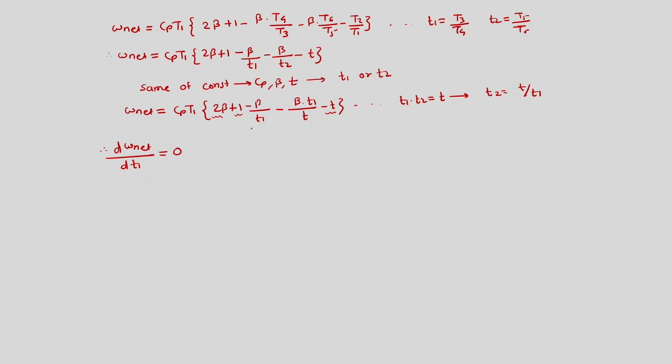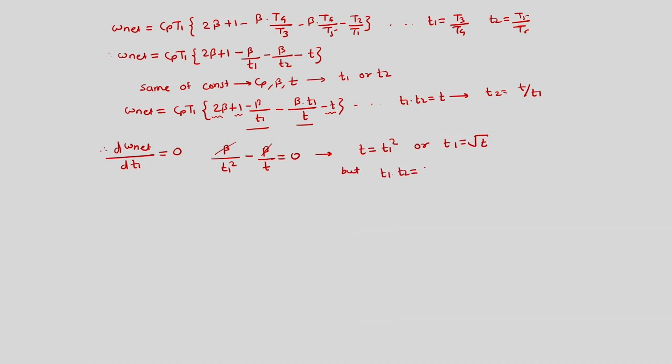So we will have differentiation of only this term, which is minus beta upon T1 and minus beta T1 upon T. That differentiation, minus beta upon T1, leads to beta upon T1 square and minus beta T1 upon T leads to minus beta upon T, equal to 0. So this leads to the fact that beta would cancel. So T is equal to T1 square or T1 is equal to square root of T.